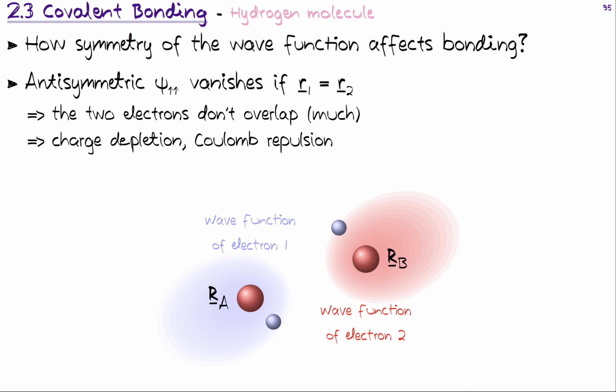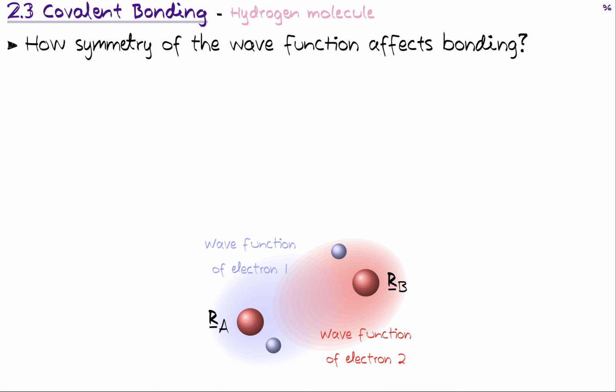If we have stronger Coulombic repulsion, this means that we actually have an anti-bonding state, and this is schematically shown in the figure here. Because of this Pauli repulsion, we will not have electrons in between the hydrogen atoms much, and this means that we will see more of a positive charge here and here, and because of that we will have repulsive forces, and this is a case of an anti-bonding state.